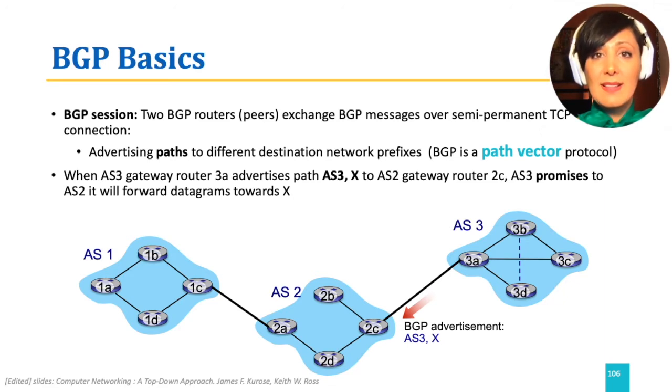In this way, AS3 promises to AS2 it will forward datagrams towards X. This is a path vector towards X, containing AS3. It means in order to reach X, packets from AS2 can go through AS3.